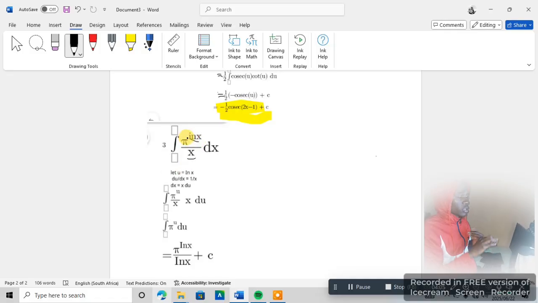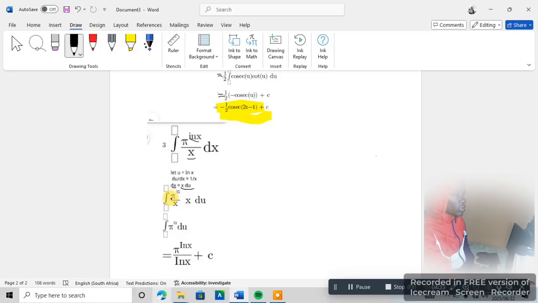So now we are going to let ln x equal u, because we know that the derivative of ln x will give us 1 over x. So let u equal ln x, du over dx is equal to 1 over x. So now we're going to make dx the subject of the formula. So we'll have dx is equal to x du.